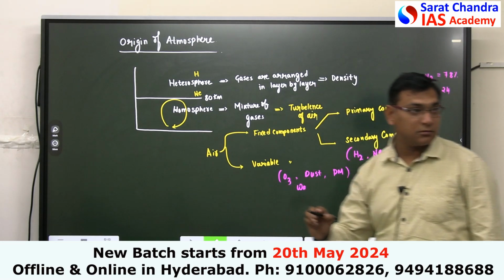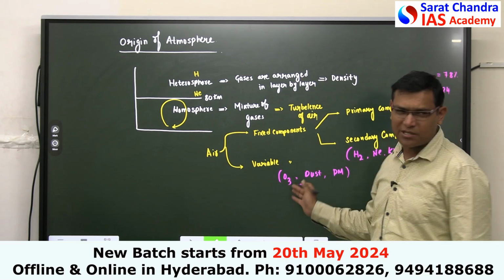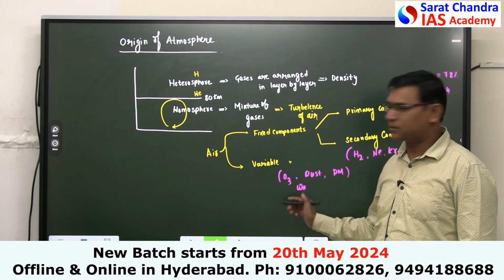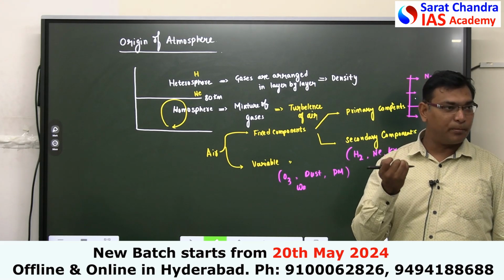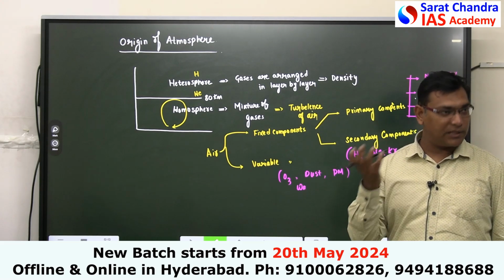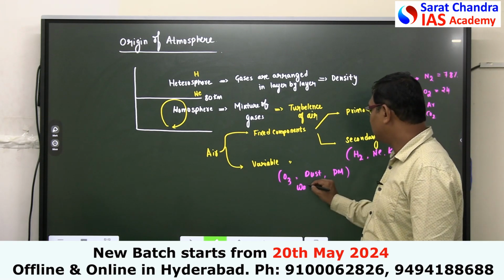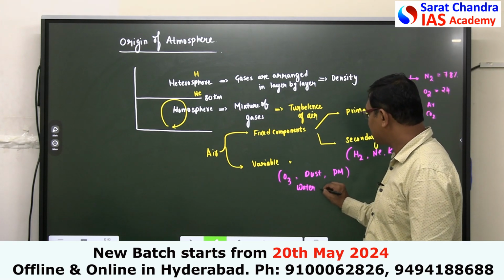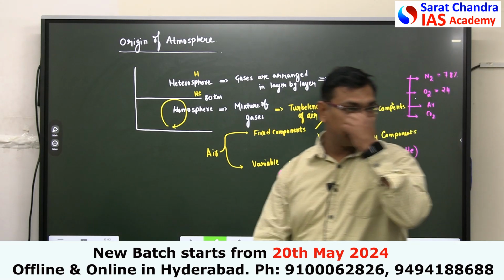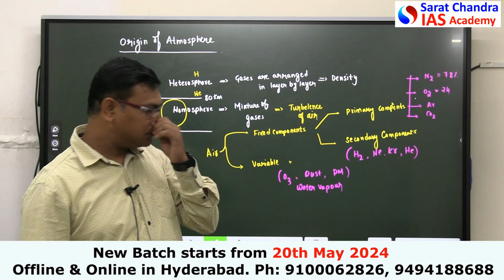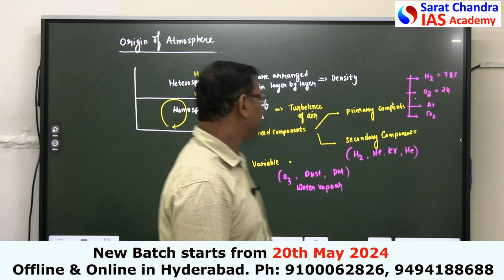Aerosols come under PM only. Aerosols are dust particles, PM 2.5, PM 10, etc. Water vapor. These are variable components.